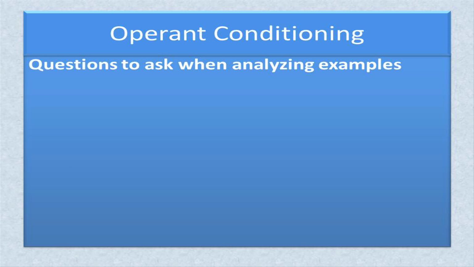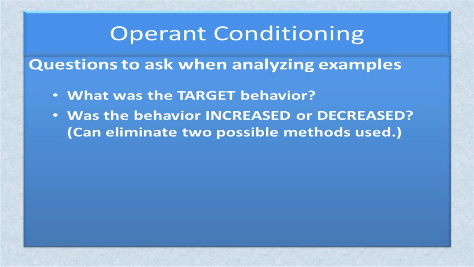These are the questions to ask when identifying what operant conditioning technique was used in each of the examples discussed in this presentation. First, what was the target behavior, and was the frequency of the behavior increased or decreased? Remember that there are 2 operant conditioning techniques associated with each of these possible results.